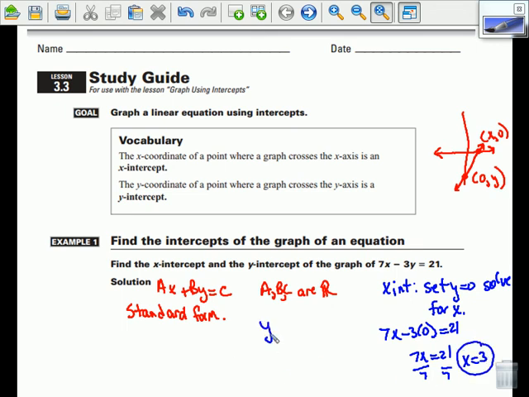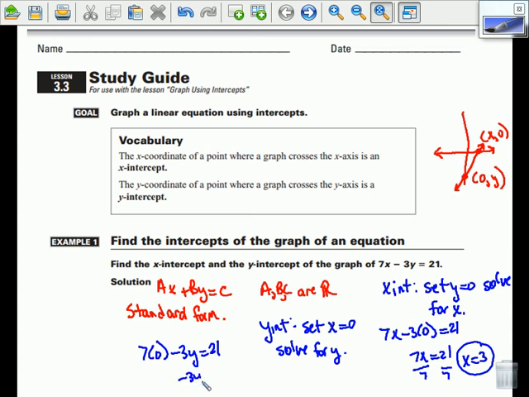To find the y-intercept, you can see where we have a y-intercept, the x is 0. So set x equal to 0 and solve for y. I'll do that over here. You might have more room on yours, but I just don't. So 7 times 0 minus 3y equals 21.